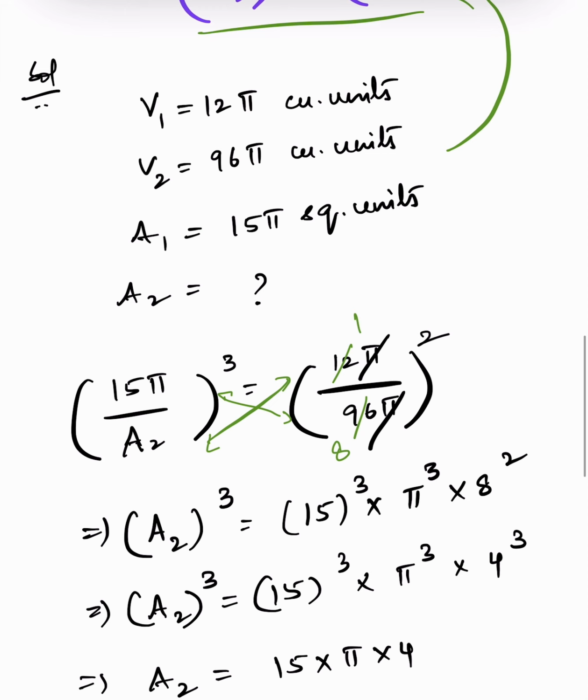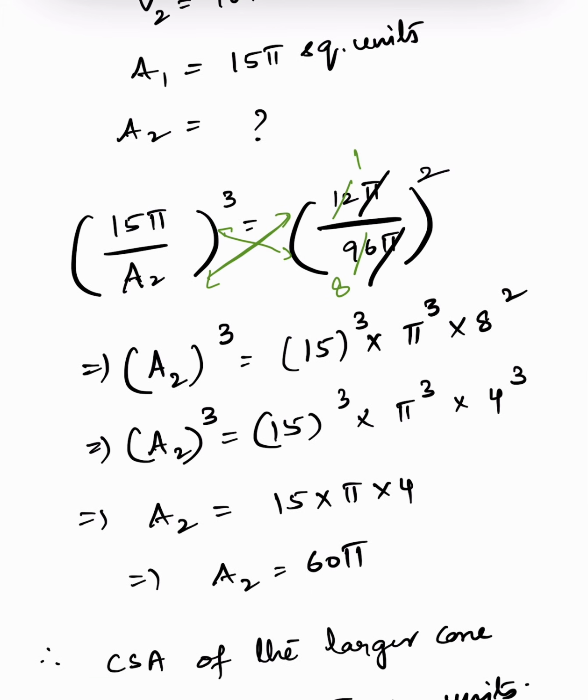So A2 whole cube equals 15 cube pi cube into 8 square, which is 64. We can write 64 as 4 cube, since 4 fours are 16, 4 sixteens are 64. So A2 whole cube equals 15 into pi into 4 whole cube. Cancelling the cubes on both sides, A2 equals 15 into pi into 4. So A2 equals 60 pi.